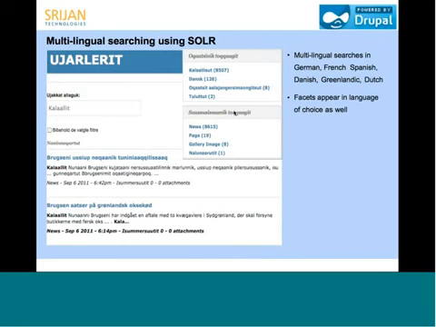In one of the sites we've implemented for KNR, the Greenlandic Broadcasting Corporation in Greenland, we've implemented multilingual searches. So you can search across German, French, Spanish, Danish, Greenlandic, Dutch, and so on. All the facets also appear in the choice of the language.